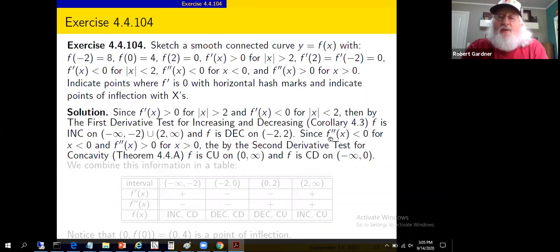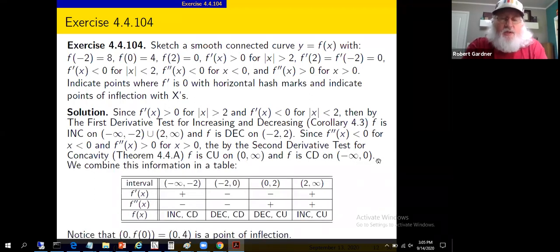About concavity, we've got negative second derivative when x is less than 0, when x is negative. So let's see there, we've got concave down, negative second derivative, concave down, frowny face. Second derivative positive when x is positive, concave up for those x values. So concave up on this interval, concave down on that interval.